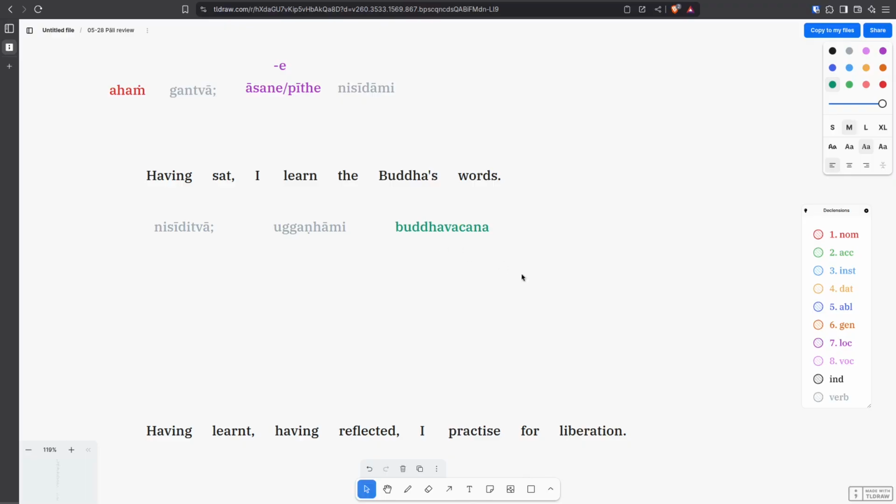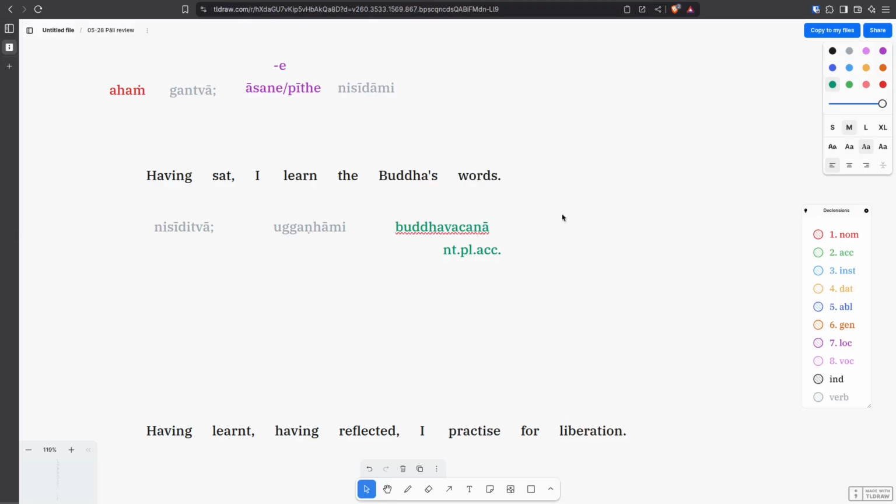This vacana is neuter, and we're talking about words, so it's plural, and we're putting it in the accusative because this is what I learn. So from Buddhavacana, yes, please. Vacana, two more letters.